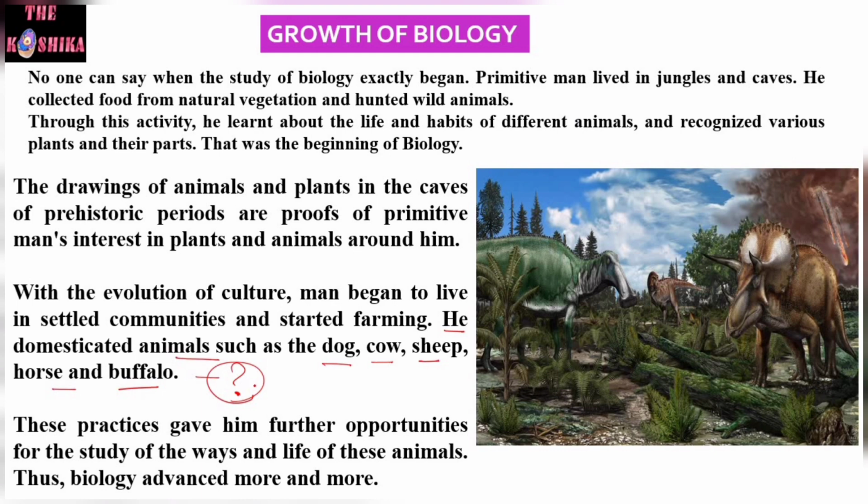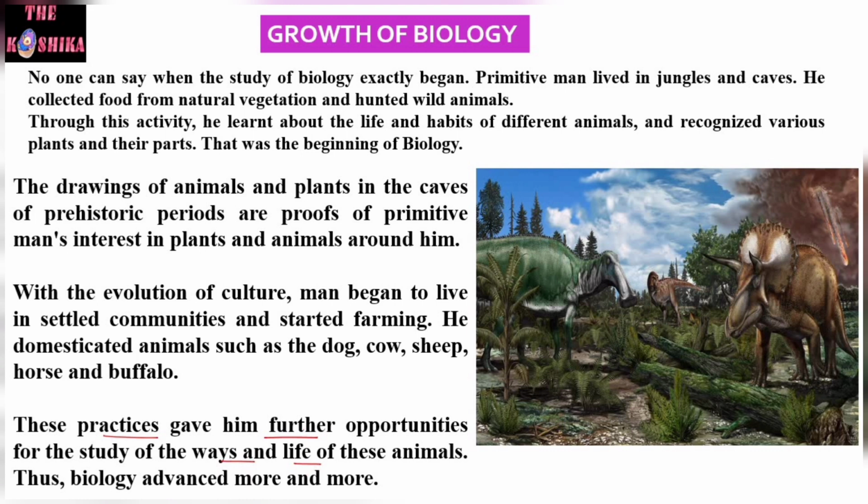This is very simple. Everything that is written here, we know from the prehistoric drawings present in the caves. These practices gave him further opportunities for the study of the ways and life of animals.